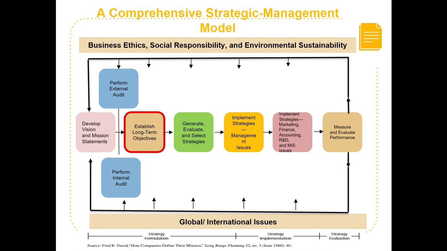So we're done with development of your VMO or the vision mission statements. We also discussed your external and internal audit, or otherwise known as your environmental scanning. So the next process in your strategic management model would be establishing long-term objectives.